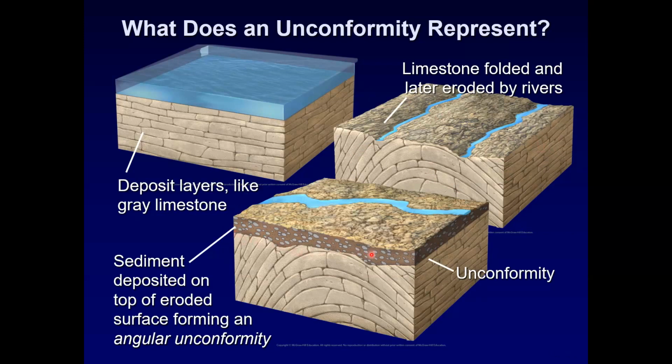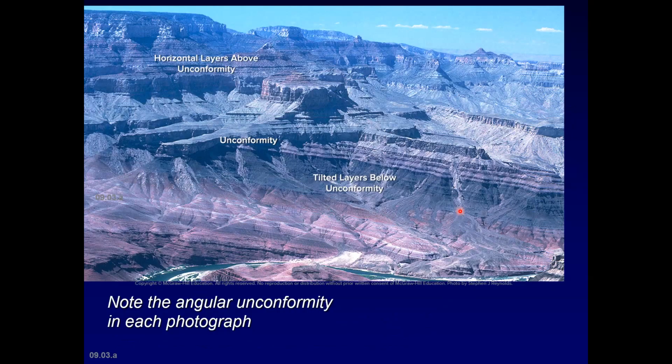We'd say this is our unconformity, because this is like sediment deposited on top of bedrock. And because these rocks are at an angle to the sediment deposited on top, we call that an angular unconformity, because they're at different angles to one another.